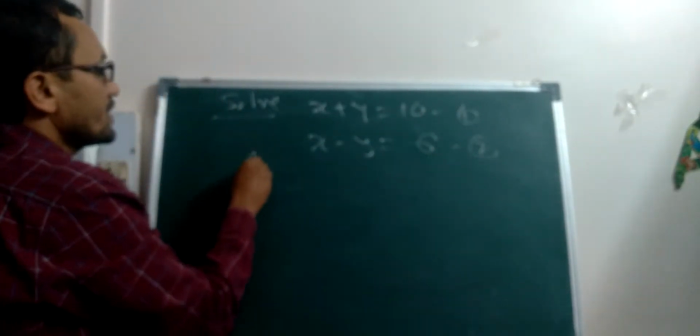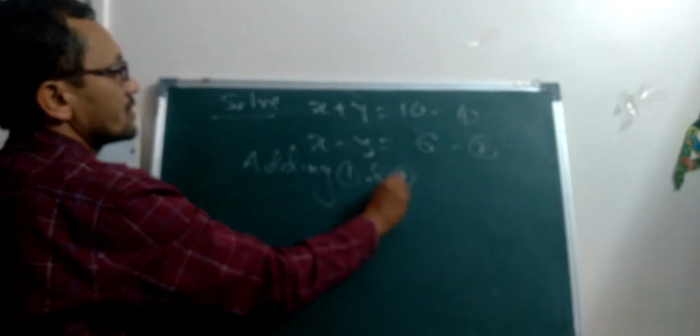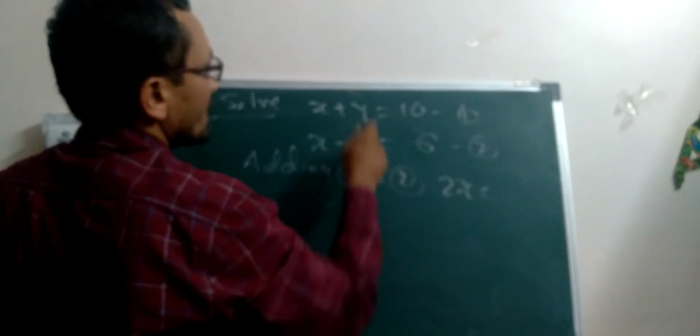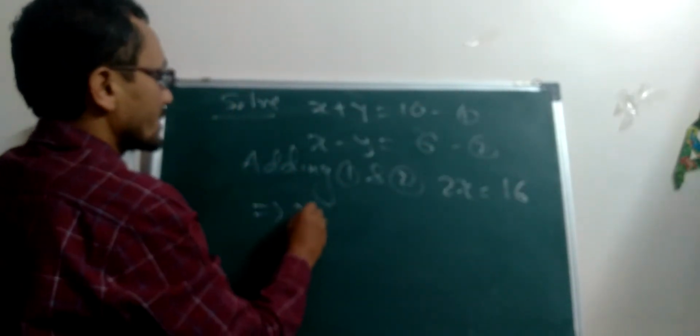So adding 1 and 2, what do we get? 2x, the y cancels, 10 plus 6 is 16. So this implies x equals 8.